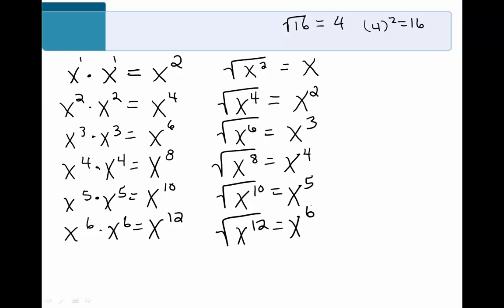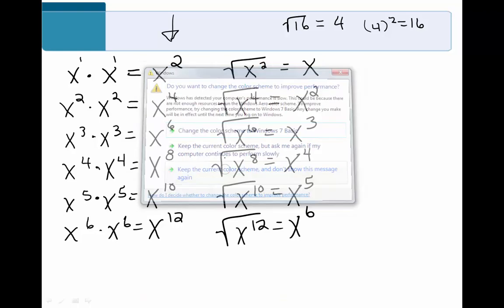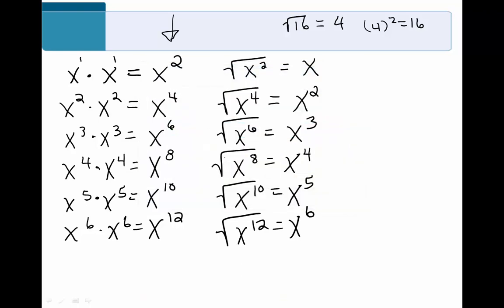Okay? So first of all, notice that all of these here, let me draw an arrow, these were all perfect squares. And notice if you have a variable with an exponent on it, and it's a perfect square, its exponent will be even.